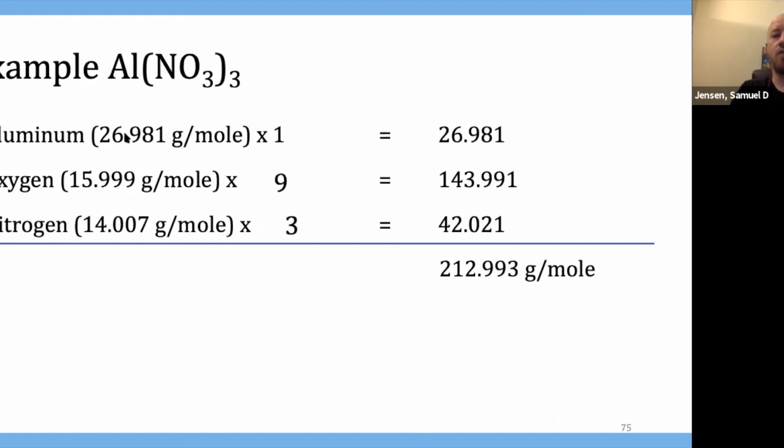So the molecular weight for aluminum off the periodic table times how many there are; there's no subscript for 1, so if it's written in there, there is 1. If you don't use the parentheses, then it looks like you got 33 oxygens here. You'll see this again when we get to the nomenclature stuff as well. We sum up all of that and we get 212 grams per mole.